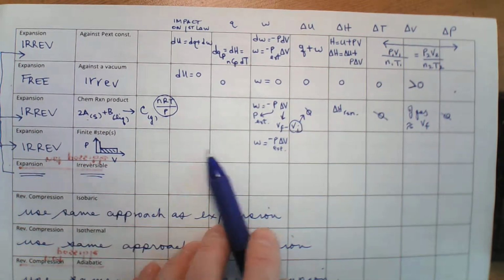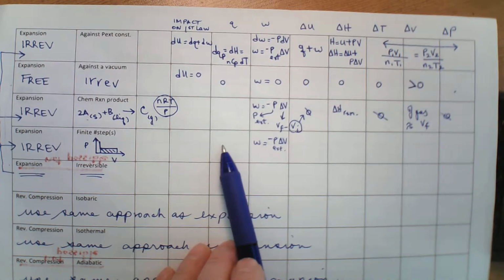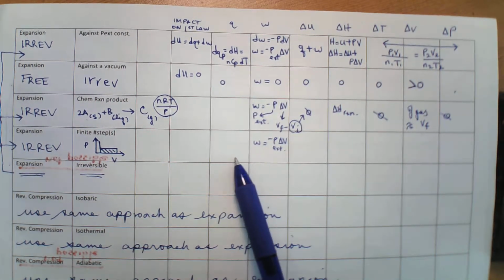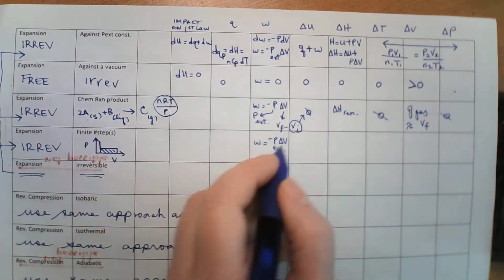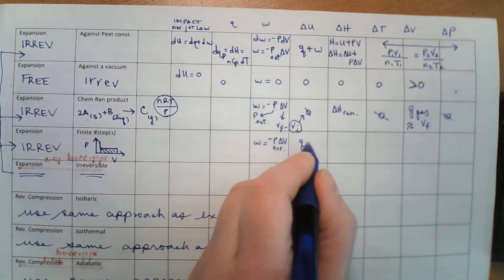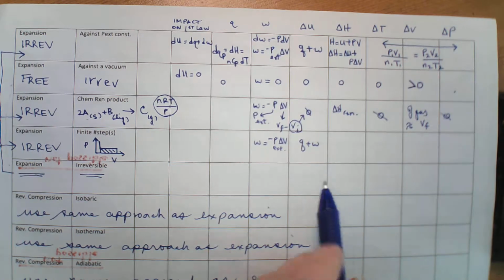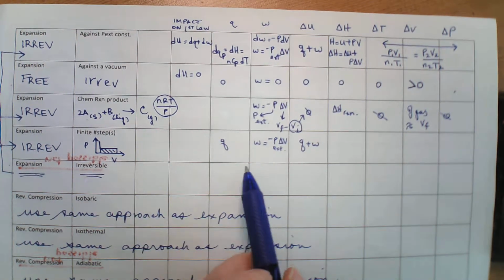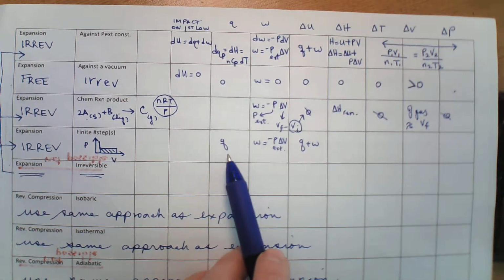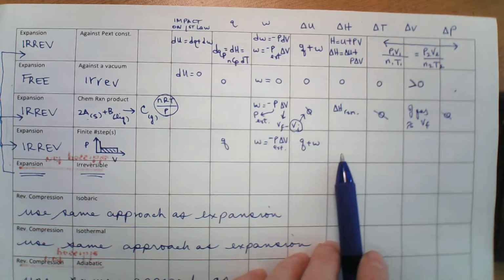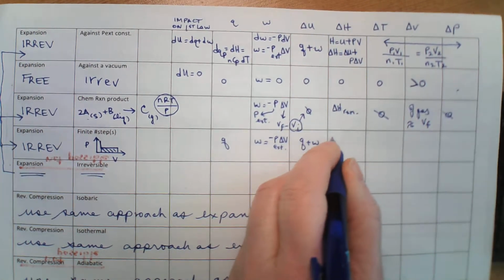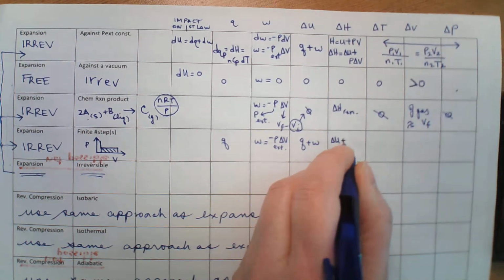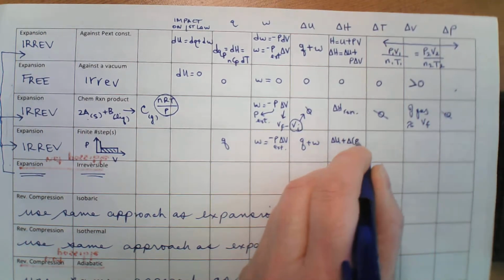You would have to know more information to find out what Q is in the question, and then delta U would be the sum of these two. So it's Q plus W. There is a Q, it's not done adiabatically, so there is a Q. And the delta H is again equal to the delta U plus the delta of the PV.